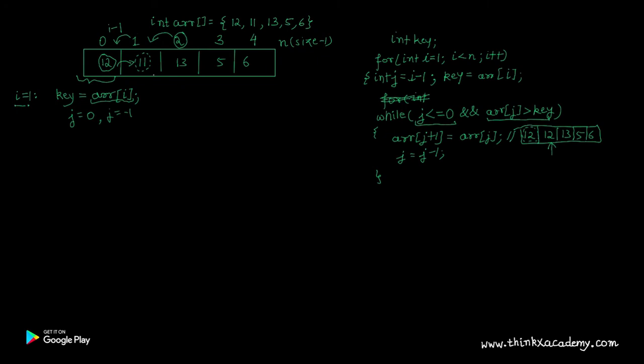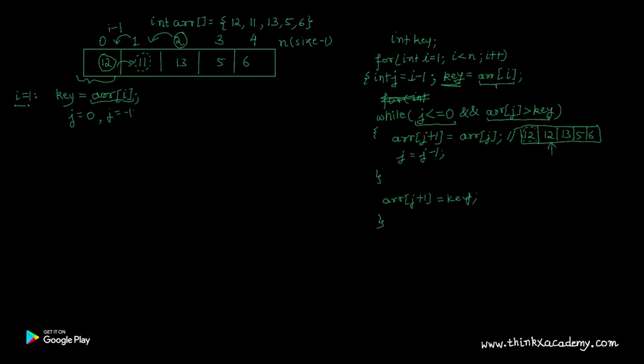After doing that, you will realize that you have actually changed the value at the ith position. The value of the card was 11, so we have actually lost the value 11. That's the main reason we stored the array i position in the key. So we will assign the array j plus 1 position equal to key.